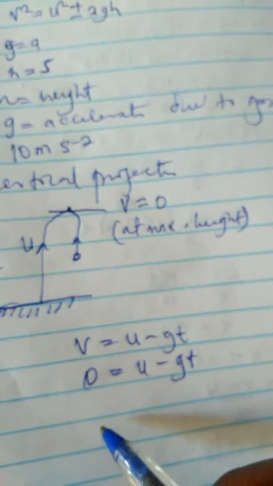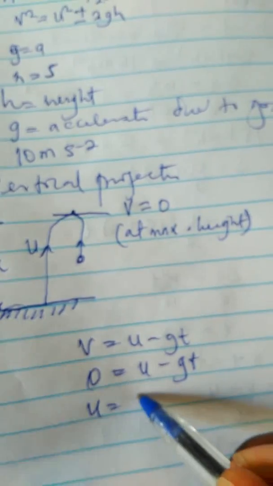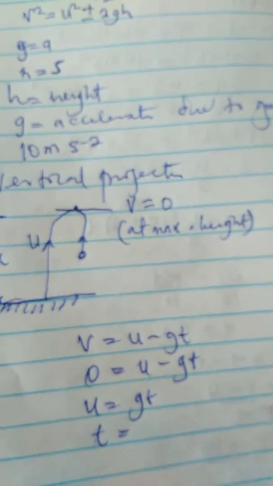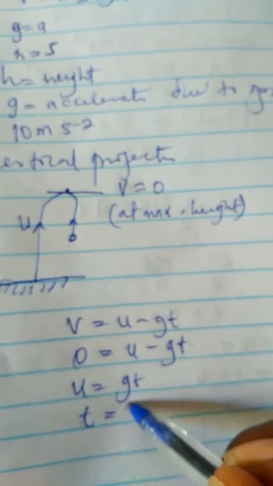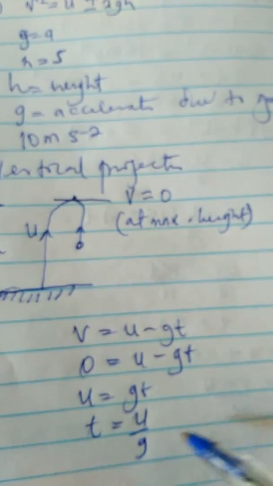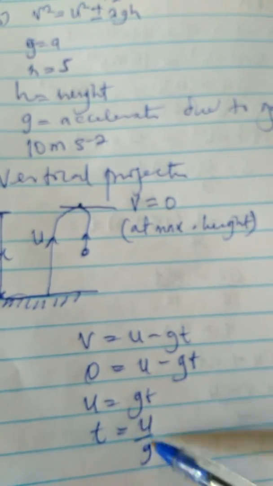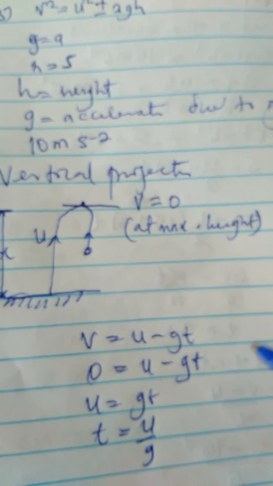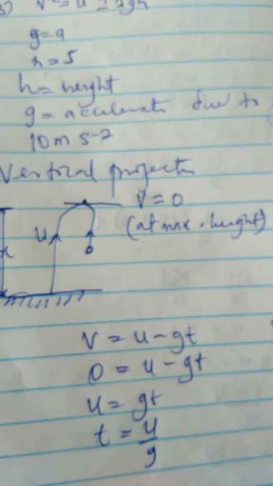From this equation we see that U is equals to GT, and time t is equals to U over g, which is initial velocity over acceleration due to gravity.